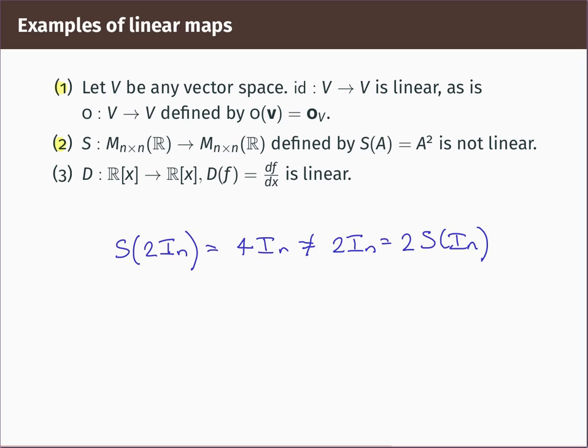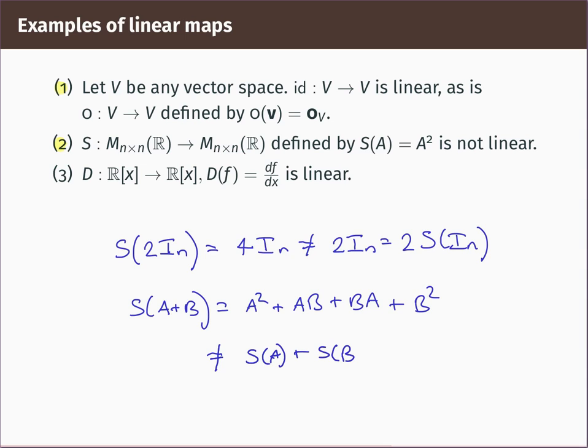And it's equally true that it doesn't obey the addition condition either. It's not difficult to find two matrices A and B with the property that S of A plus B, which is A squared plus AB plus BA plus B squared, is not equal to S of A plus S of B, which is A squared plus B squared, in general.